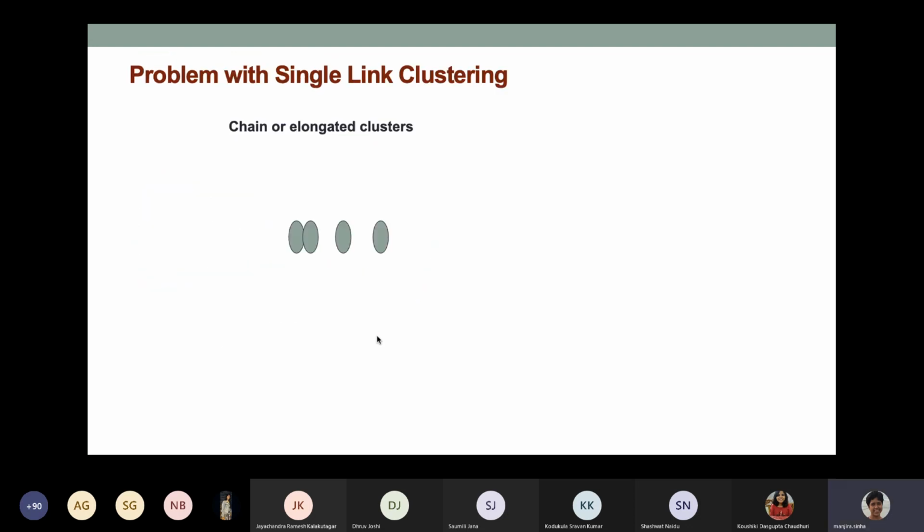Now, what is the problem with single link clustering? If we have a chain or an elongated cluster, say like this, what is happening?